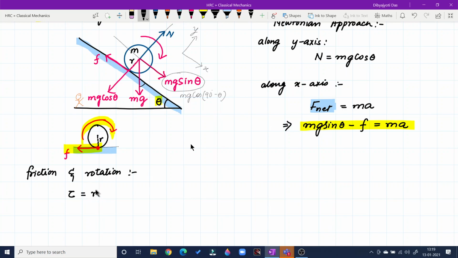R cross F, right? Torque is R cross F. Here R and F are perpendicular, right? Yes sir. So that means torque can be written as RF sine 90 degrees. That simply means that it is RF.